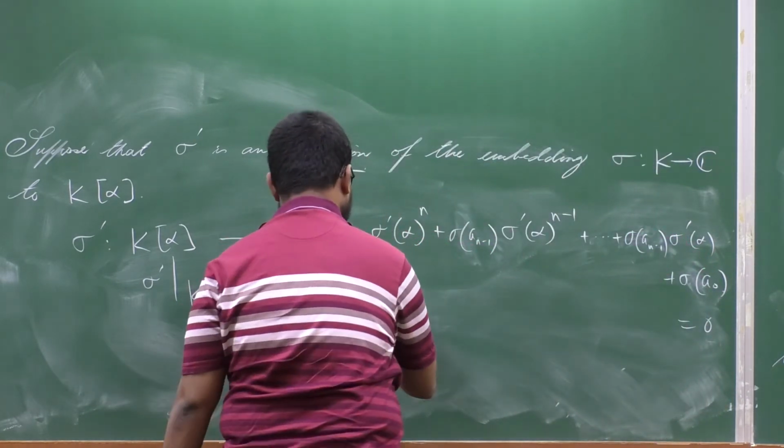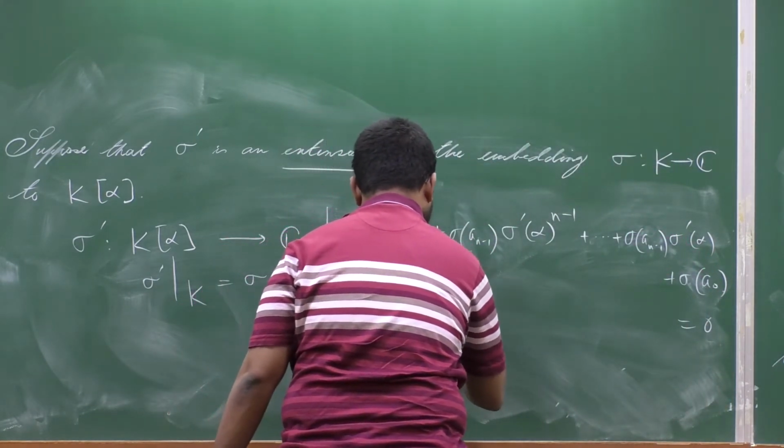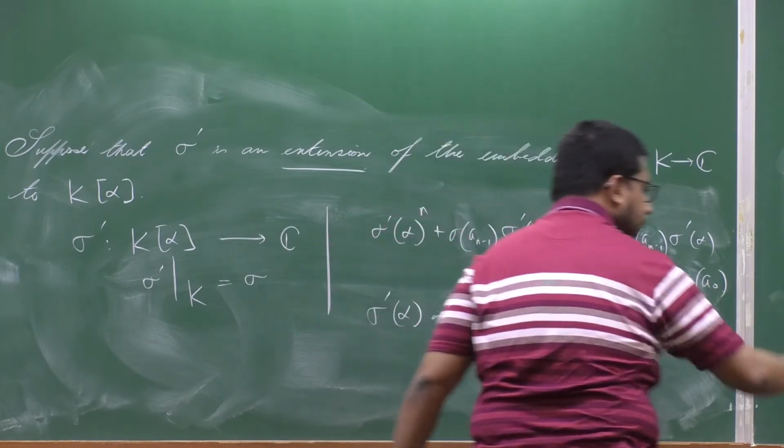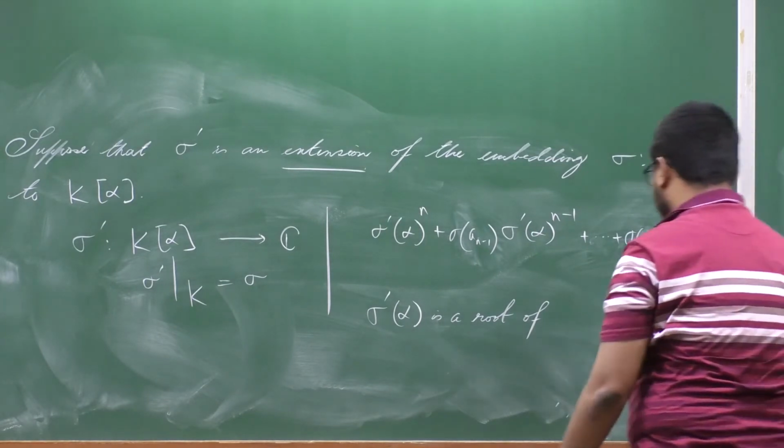Therefore, we see that sigma prime of alpha is a root of this polynomial sigma f(x).